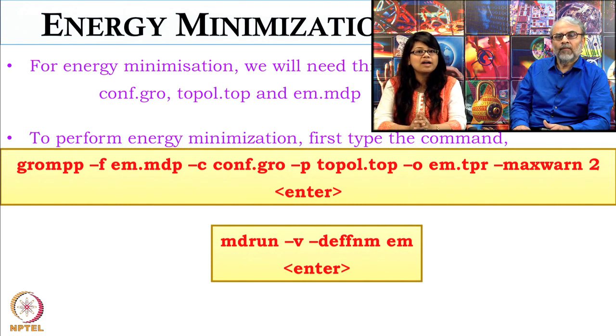Whatever name we give the TPR file, like em.tpr, in mdrun we have to give the same name, em. So the grompp output was em.tpr, and for mdrun -v, what is the input? em.tpr, nothing else, because em.tpr contains all information about MDP, GRO and topol. And deffnm em means all files will have em as the initial part.